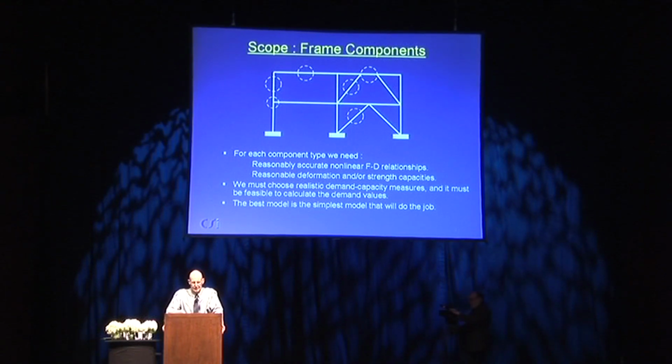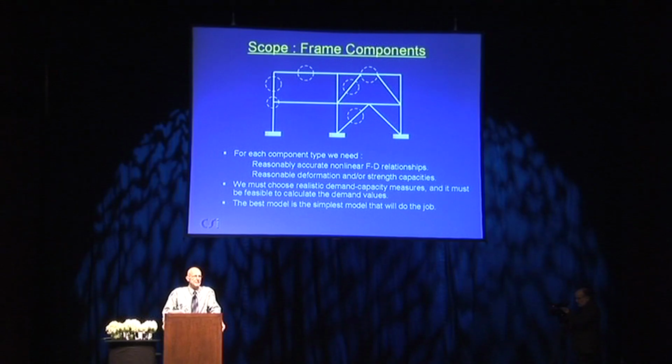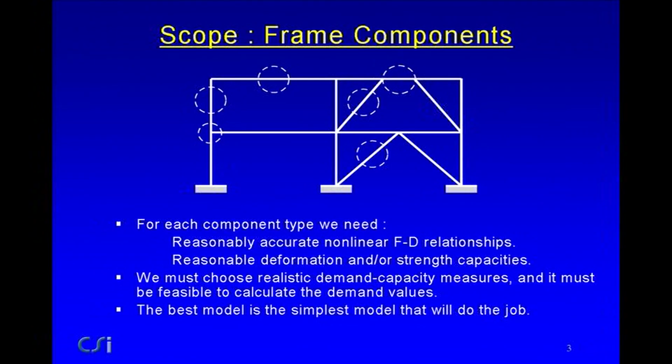Reasonably accurate nonlinear force deformation relationships. They're never going to be accurate, they're never going to be exact, but if a beam or a column is exerting some forces on the structure, we'd like the force level to be reasonably accurate. And correspondingly, when we're calculating displacements for the structure, we'd like those displacements to be reasonably accurate, if only, for example, so that P delta effects are calculated correctly.